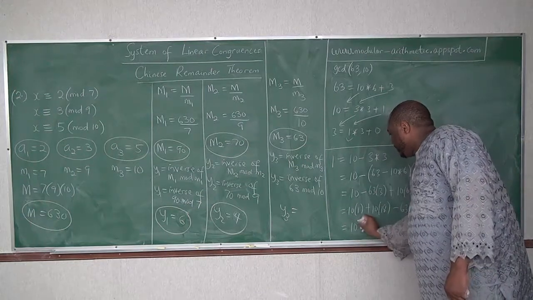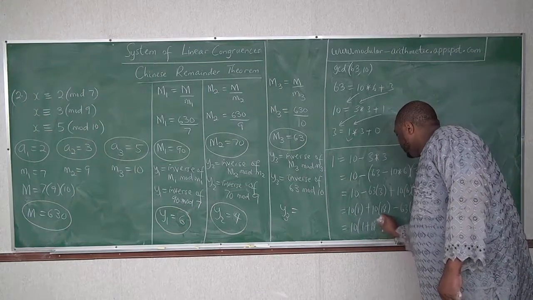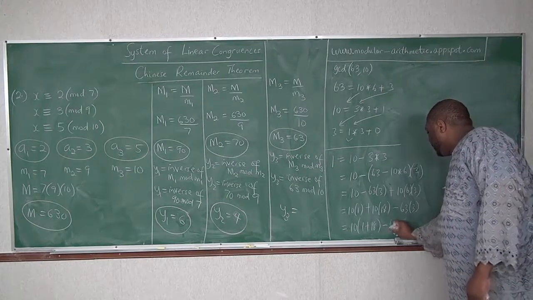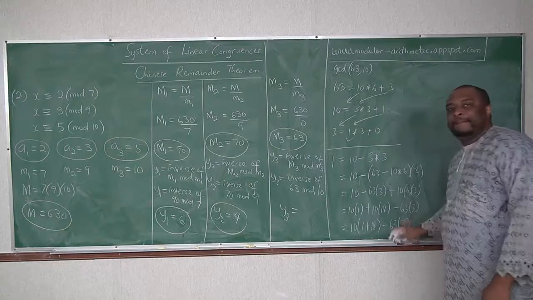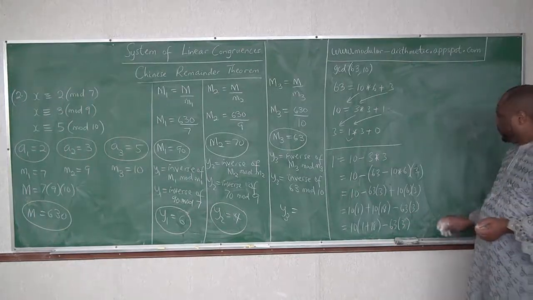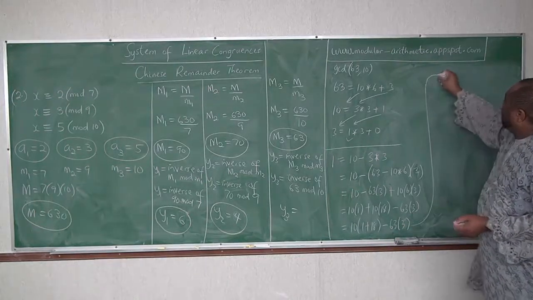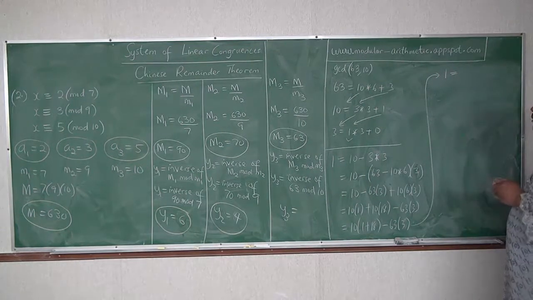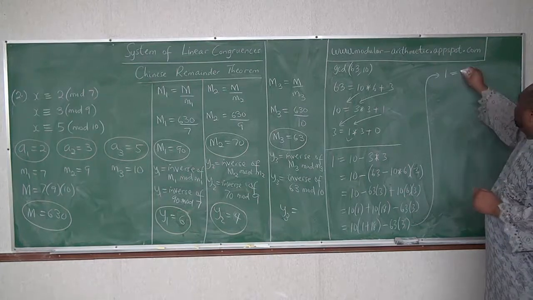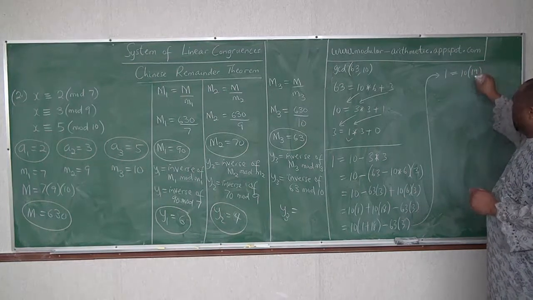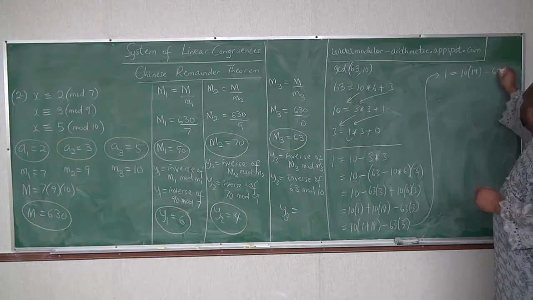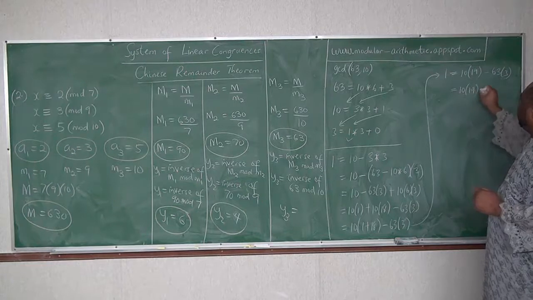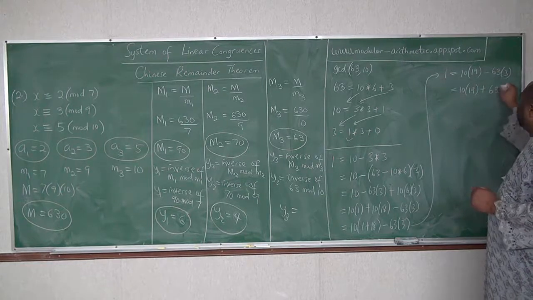So 10 times parentheses 1 plus 18, minus 63 times 3, right? So this means that 1 is equal to 10 times 19 minus 63 times 3, which is 10 times 19 plus 63 times negative 3.